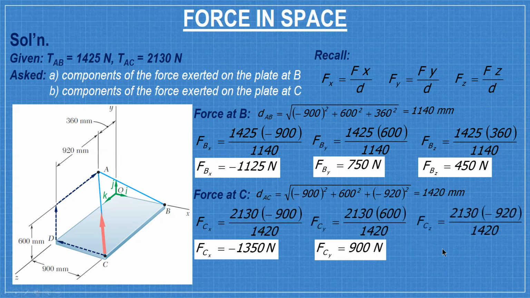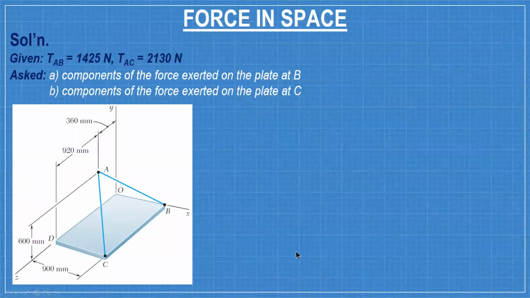Fy and then Fz. So this is for letter A and then letter B. The alternate solution is the vector form, directly. So with the guide, that's FBA, going this way.